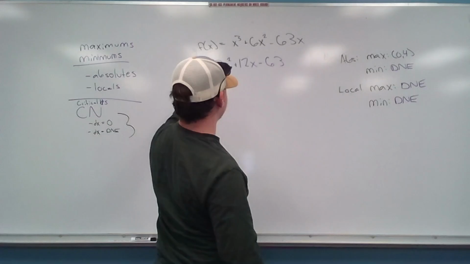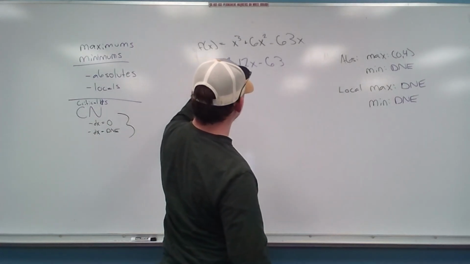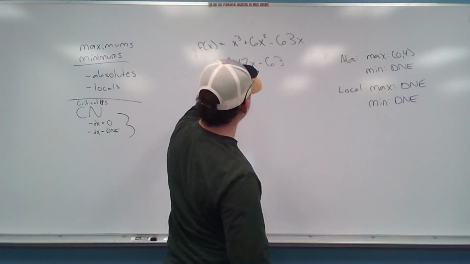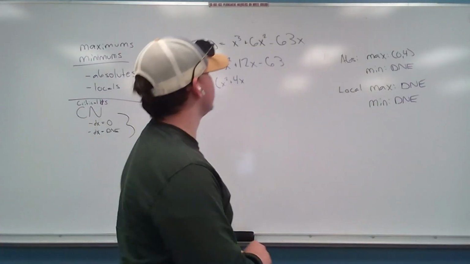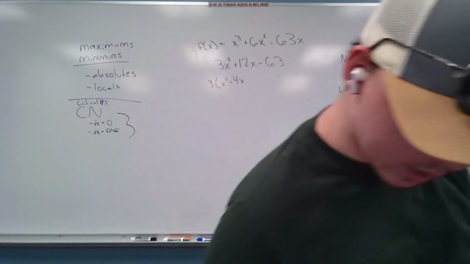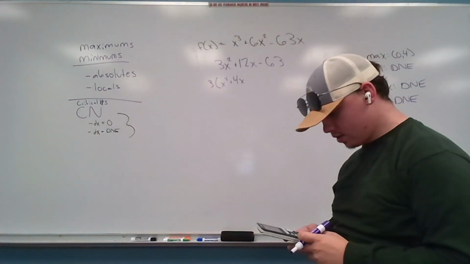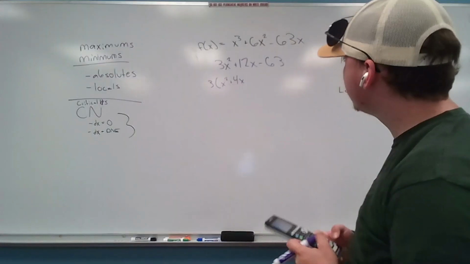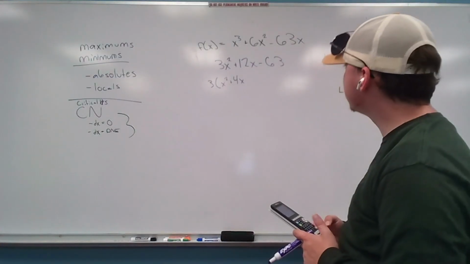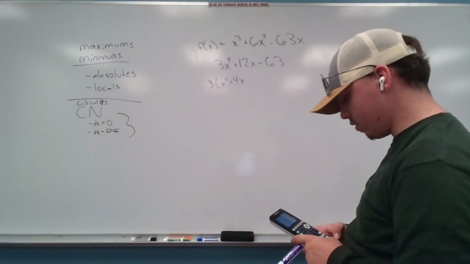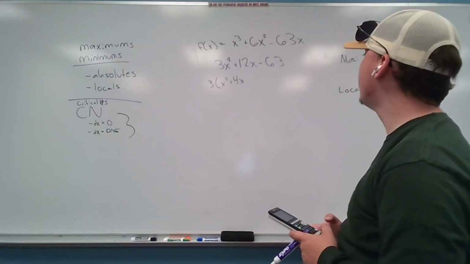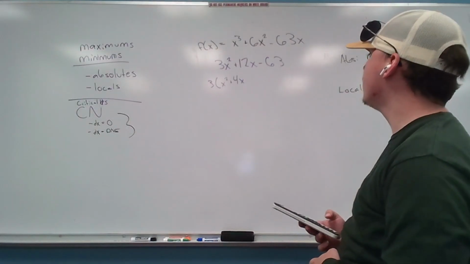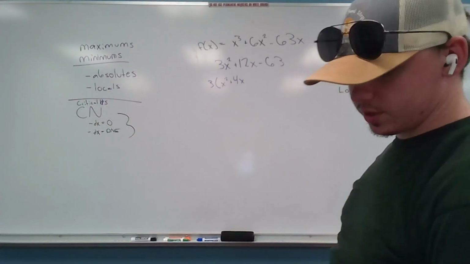And now we just have to find the factors. So 3x squared plus 12x and 63, 63 divided by 3, yes, that's going to be 21.